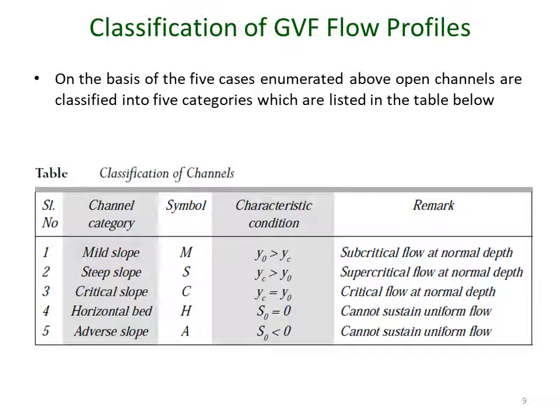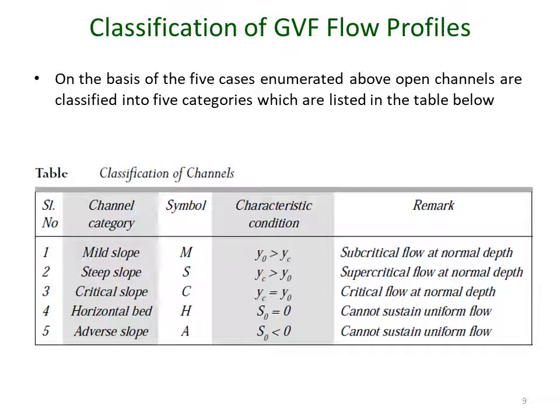Case number 2 belongs to the steep slope category, which is symbolized by S, and this is the case where the normal flow depth is less than the critical flow depth, which implies that the flow is supercritical at normal depth.